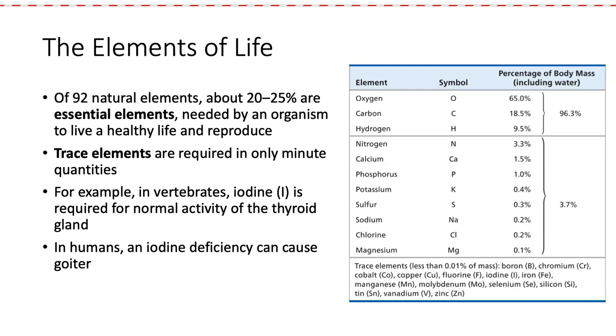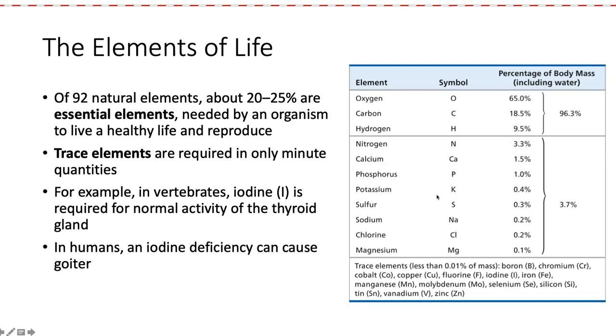You can see a list of some of the most important essential elements in this table. On this table, you can see ones that you're very familiar with: oxygen, carbon, and hydrogen. Those three make up 96.3% of your body mass. That's incredible. That's a lot of oxygen, carbon, and hydrogen.